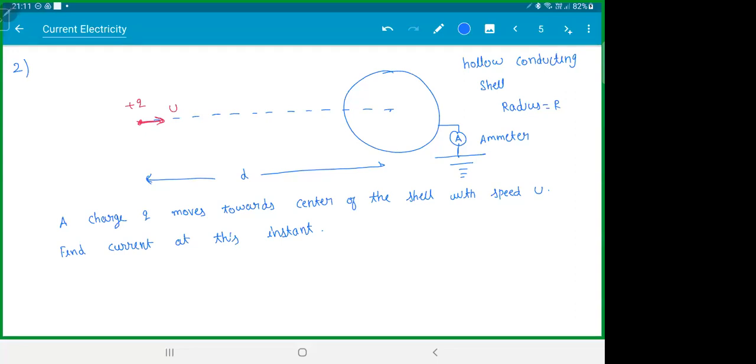How do you approach this? See, the problem is we don't know how much charge is flowing, right?